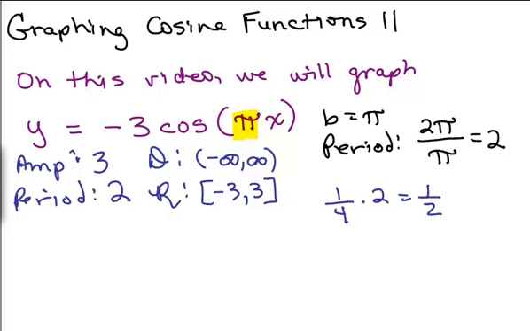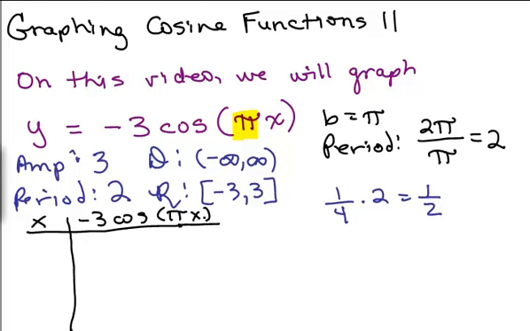All right, so what are our key x coordinates going to be? Well, normally it goes from 0 to 2 pi, but this time we're going to go from 0 to 2. Since there's no phase shift, this is going to be easier than you might think. We want to do -3 cosine of pi x.